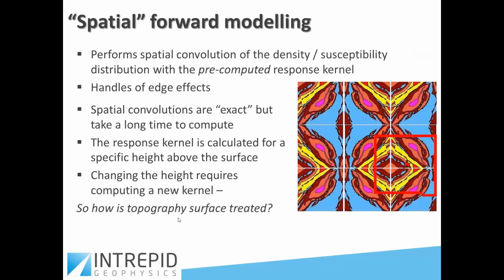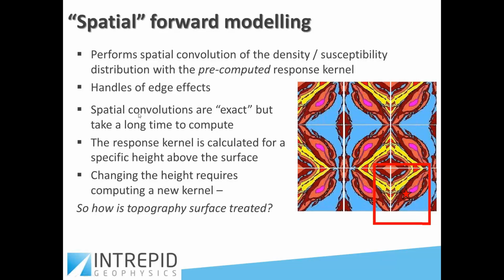Spatial forward modelling performs a spatial convolution of the density and susceptibility distribution using the pre-computed response kernel. And in this way we can handle edge effects at the model by mirroring the geology across the edge, which is one approximation to say what is beyond the bounds of the smaller model. Another way to handle this is to actually build a large model and make sure that all your geology of concern is well within the limits of the model.